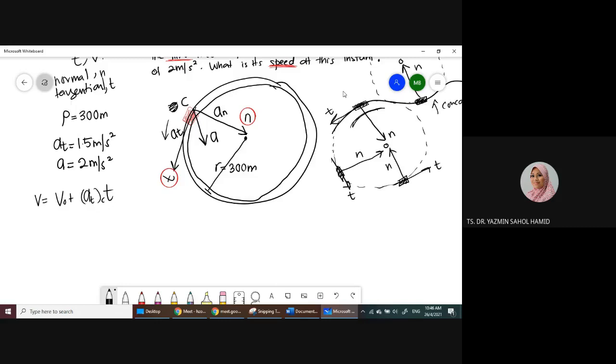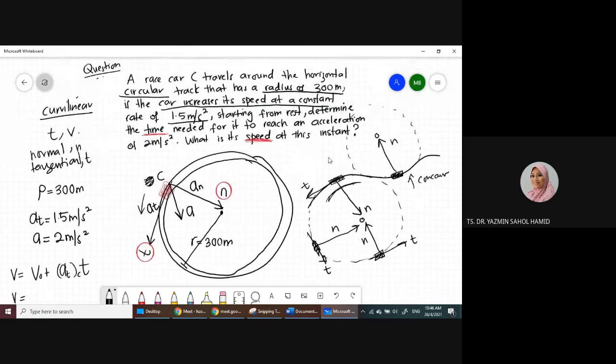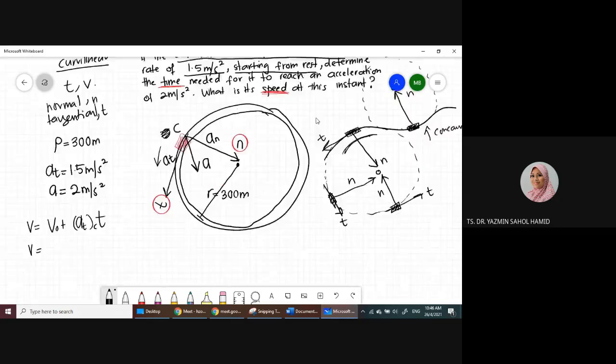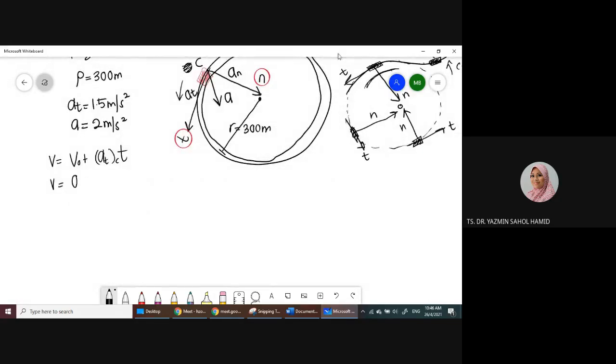Now, do we have V? We don't have V yet, we are trying to find it. Do we have V naught? What is V naught? Zero. How do you know it's zero? Starting from rest. Yes, the words starting from rest mean that our V naught is zero. Plus AT, our AT is 1.5, and then t. So our velocity is 1.5t.